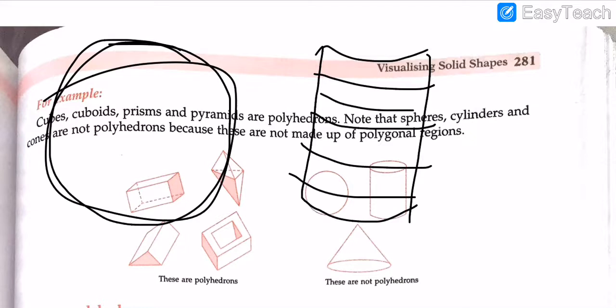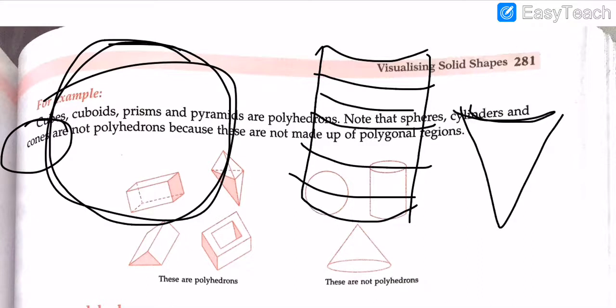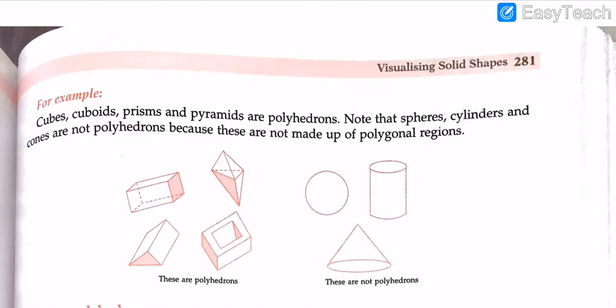And lastly, in cones, this is also a big curve over here. So the shapes that have at least one curved surface cannot be called polyhedrons. They're known as non-polyhedrons.